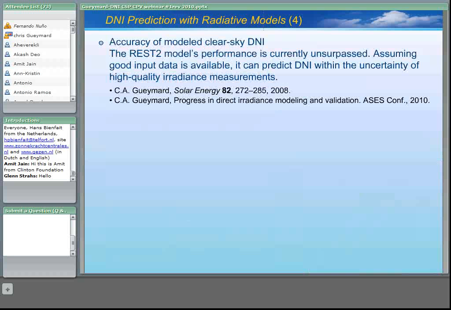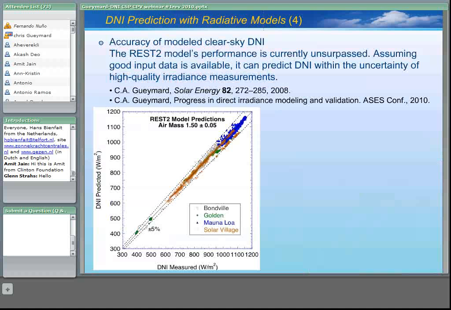So some references on that, and some examples of validation results using REST-2. In this case here we have a comparison for an air mass of about 1.5 at different locations in the world with very different climates, from Mauna Loa, which is very clear, and Solar Village, where there's a lot of dust aerosols, and some other typical dust storms here.